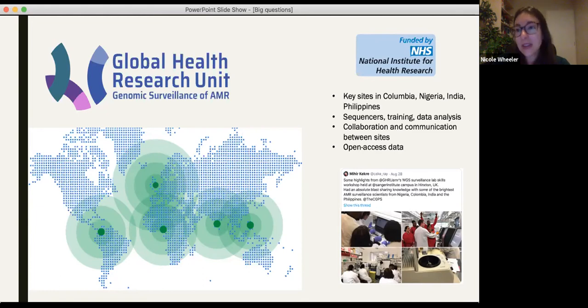And the reason the UK is investing in this sort of stuff is because antimicrobial resistance doesn't just appear in the UK, it can be imported from overseas. So if you want to fight infectious disease, you really need a web of surveillance around the world. It's not enough to just do it in your own country. So this sort of effort is really important to help us understand what's going on with infectious disease and AMR.